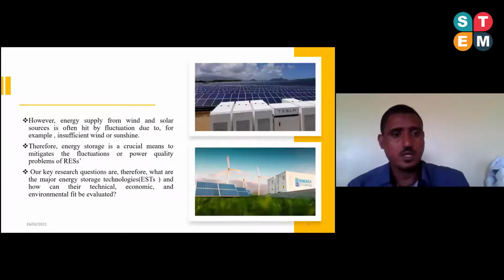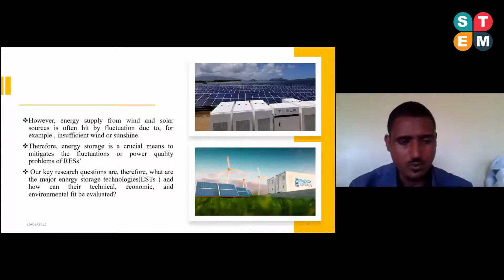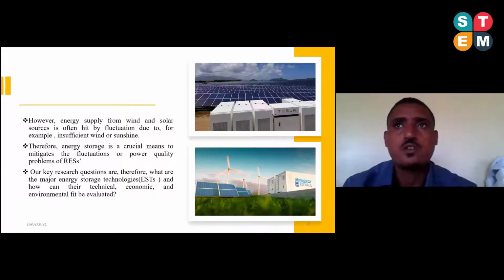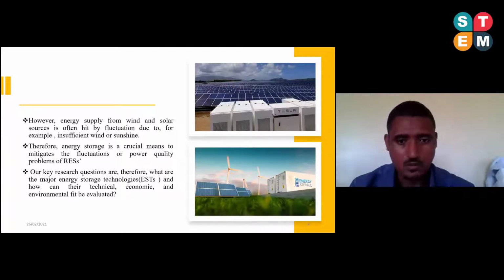But the thing here, as you all know, is that renewable energy has a problem: their generation capacity is not consistent. That means they are intermittent in nature. For instance, if you take wind energy and solar energy, they can generate energy only whenever there is wind speed and solar radiance.